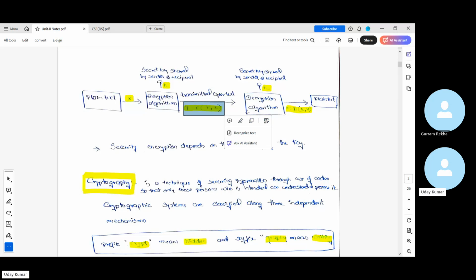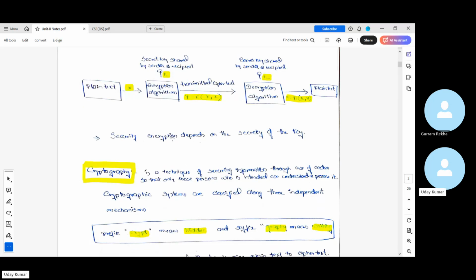Once this Y reaches the decryption algorithm, Y is the input for the decryption algorithm, and the same key that you have used here is provided as an input for this decryption algorithm. It produces the same X. So X is D of k comma Y. That produces the plain text.